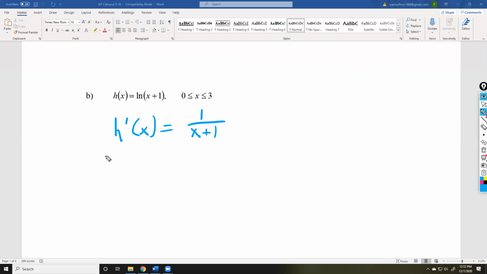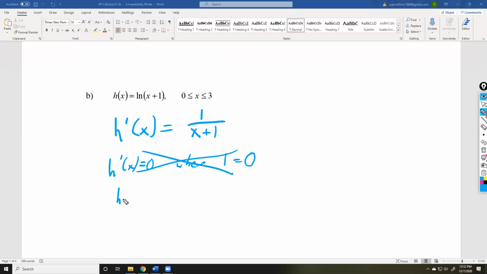And so this one is actually pretty straightforward, because h prime equals 0 where the top equals 0. That's where the derivative is going to be 0. So that's not going to happen.